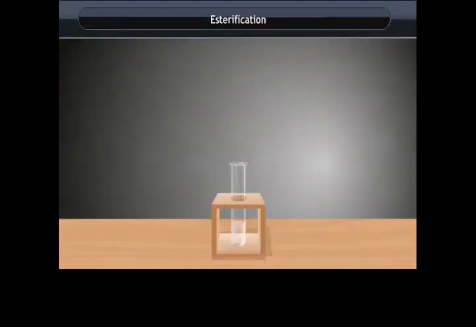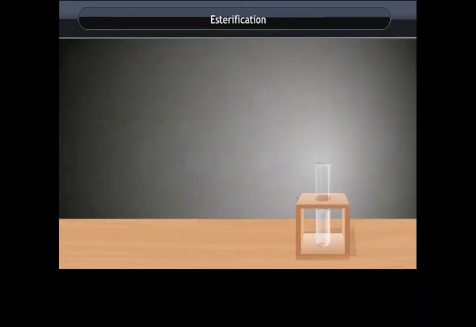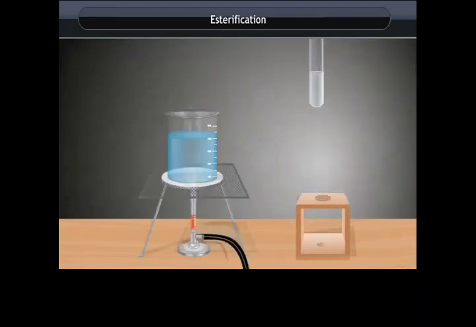Esterification. Let us do an activity. Take 1 ml ethanol, absolute alcohol, and 1 ml of glacial acetic acid along with a few drops of concentrated sulfuric acid in a test tube. Warm this content in a water bath for at least 5 minutes.